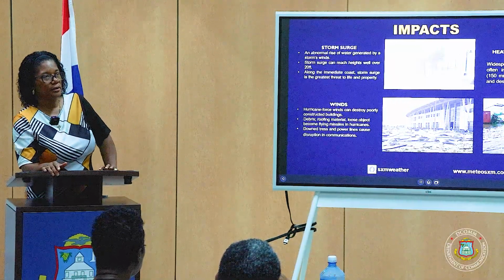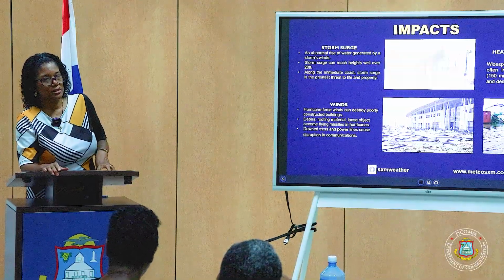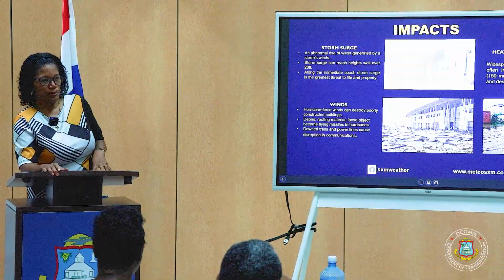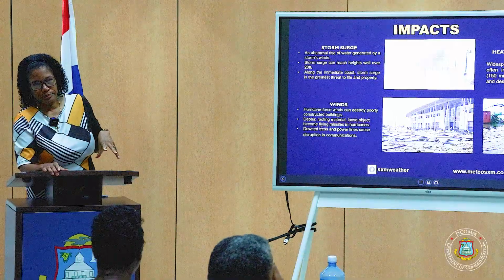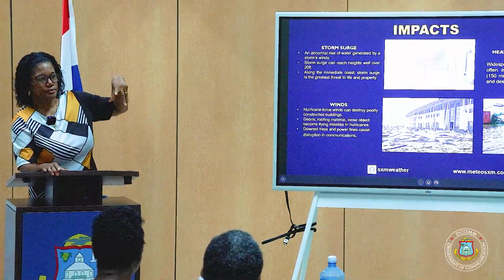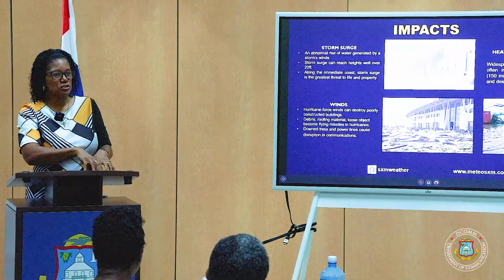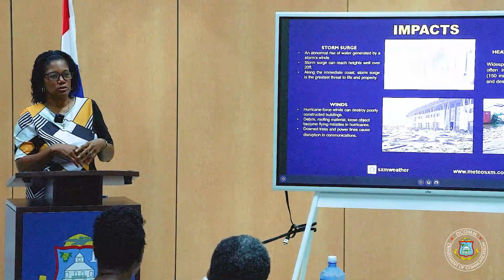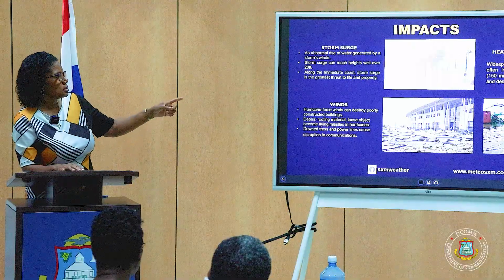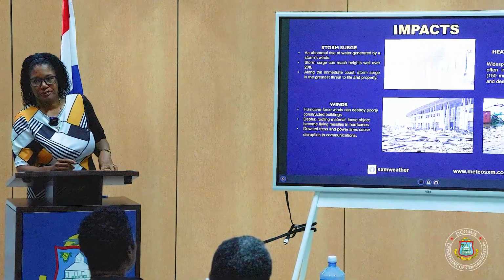Earlier this year, there was some instability over St. Maarten, and we had a funnel cloud. Now, a funnel cloud is those that are over the water. So the cloud comes down, spinning, and it touches the water. That's a water spout or funnel cloud. So tornadoes are the same thing, but tornadoes touch land.